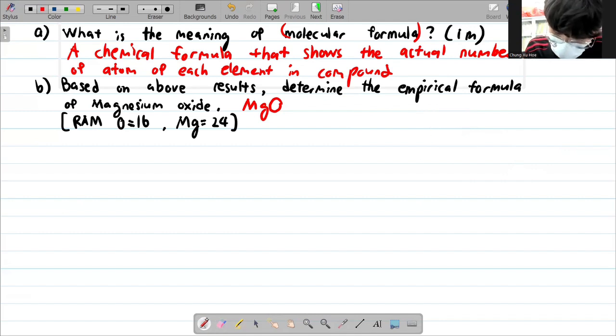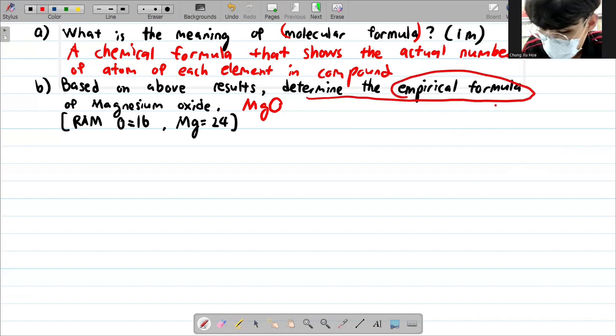Next, they want us to determine an empirical formula. This is what they are asking. Write a key there. And given relative atomic mass, oxygen is 16, magnesium is 24. Now, some people really ask the teacher, do you need to remember the relative atomic mass? What I'm going to say is, it depends on you. But the more you do, the more you'll get to remember it.